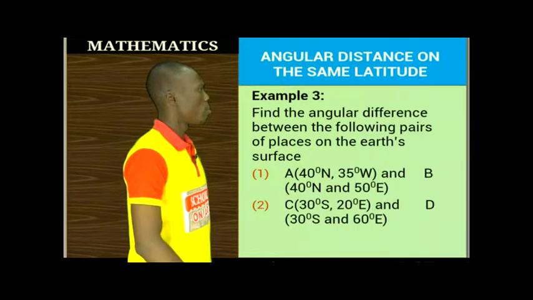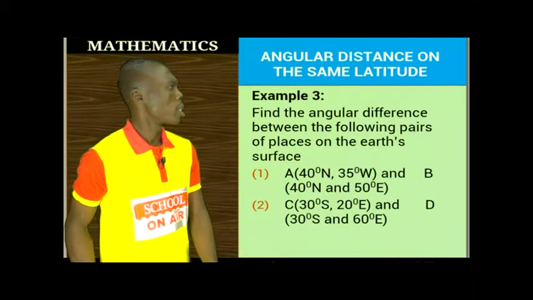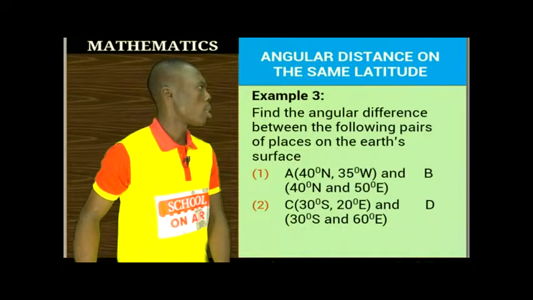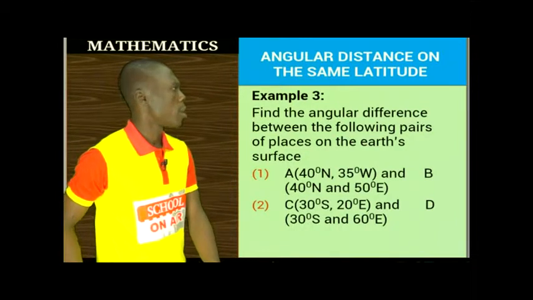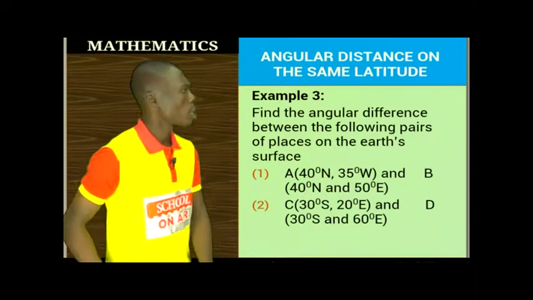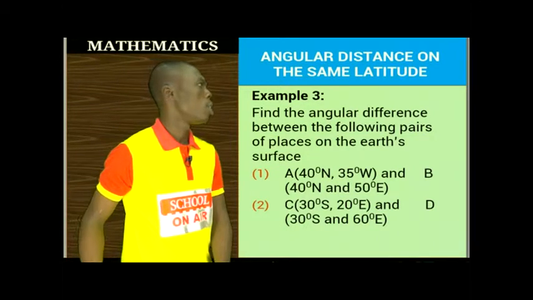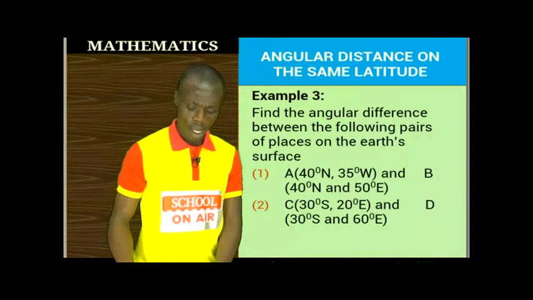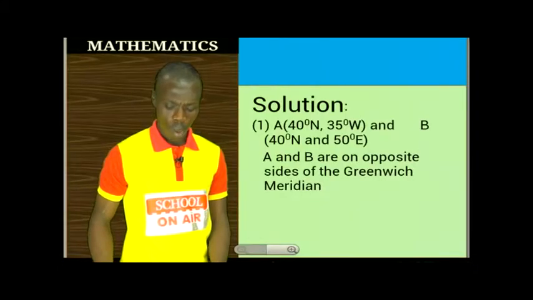You have A, 40 degrees north, 35 degrees west, and B, 40 degrees north and 50 degrees east. And then we have another point, C, 30 degrees south, 20 degrees east, and D, 30 degrees south and 60 degrees east. So how do we deal with that?